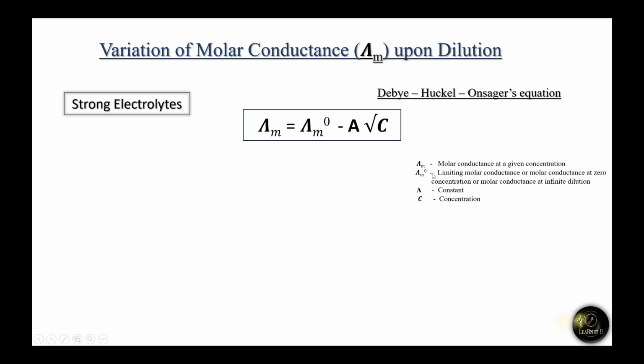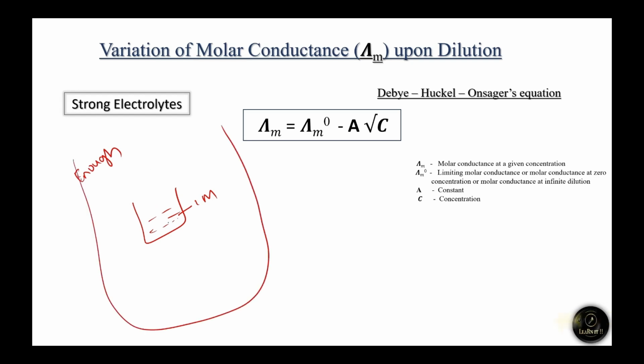It means we have taken the electrolyte, that is 1 M, and added enough water, like 1 barrel full of water. Whatever amount of electrolyte that barrel contains is distributed throughout, and that solution is called an infinitely diluted solution.